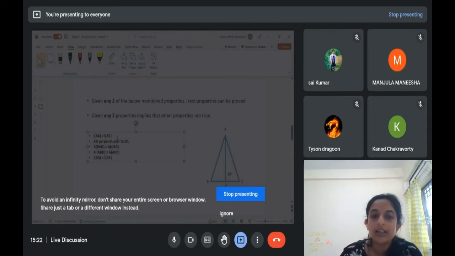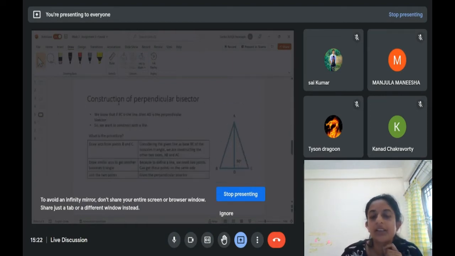That means that if any two of these properties are true, the other three properties are necessarily true. So if we consider the construction of a perpendicular bisector, we now know that AD in the isosceles triangle was the perpendicular bisector of line BC.